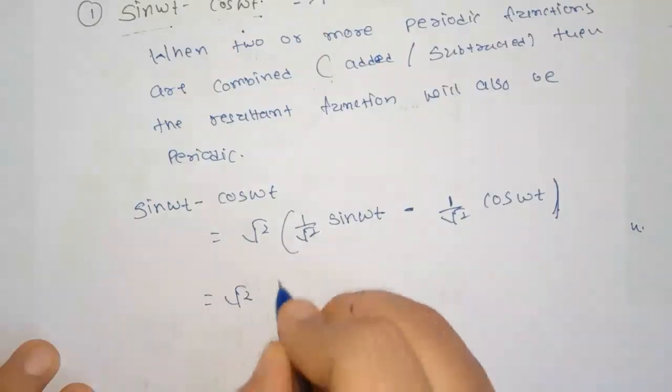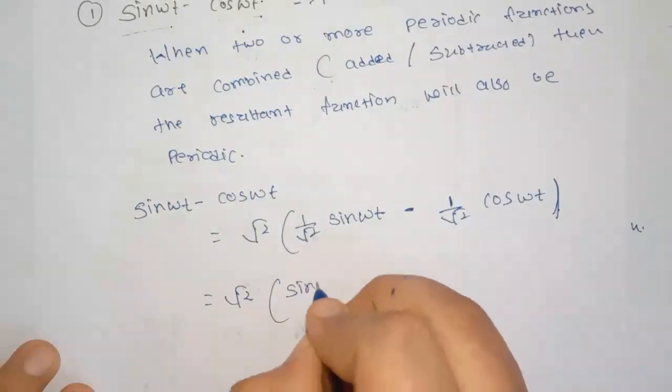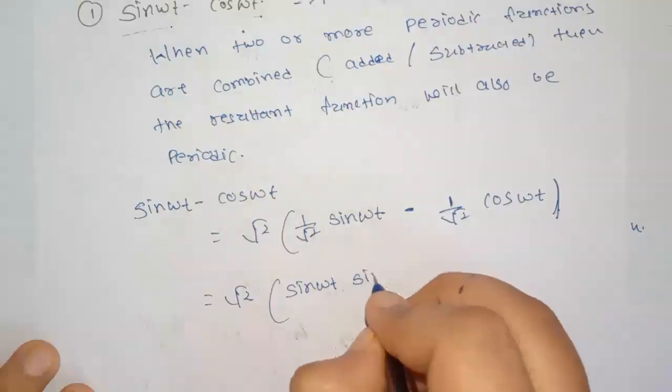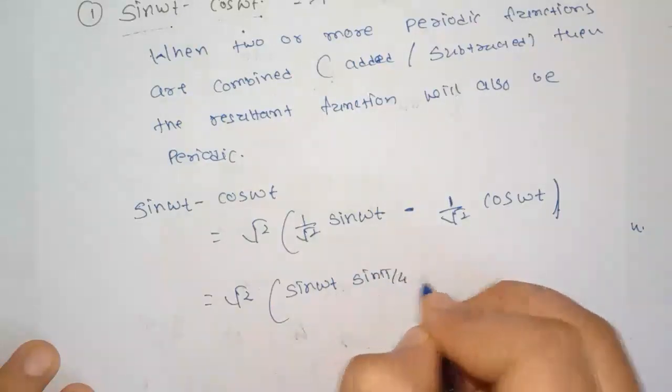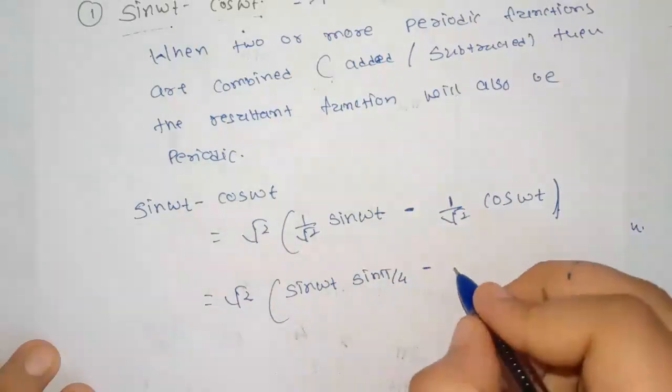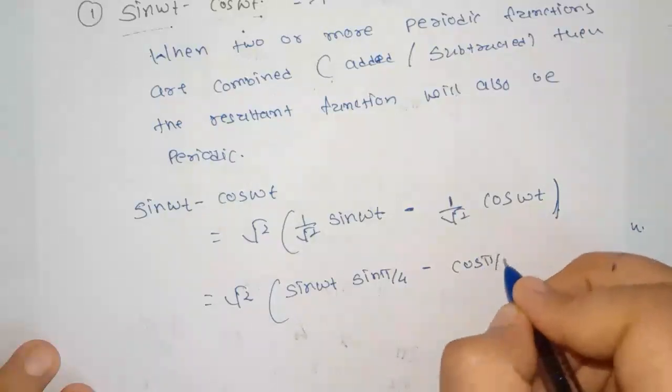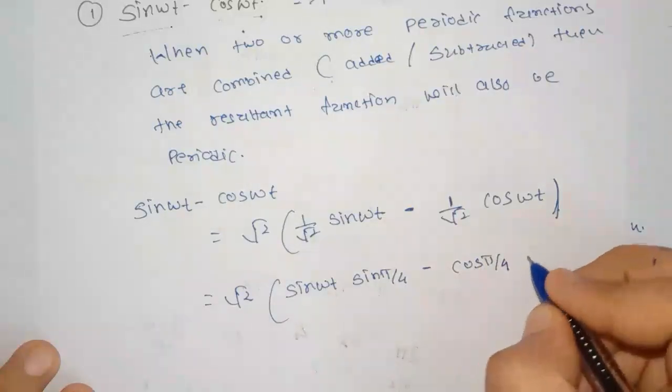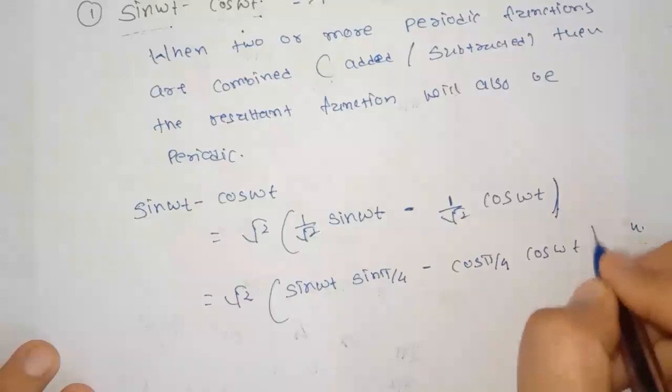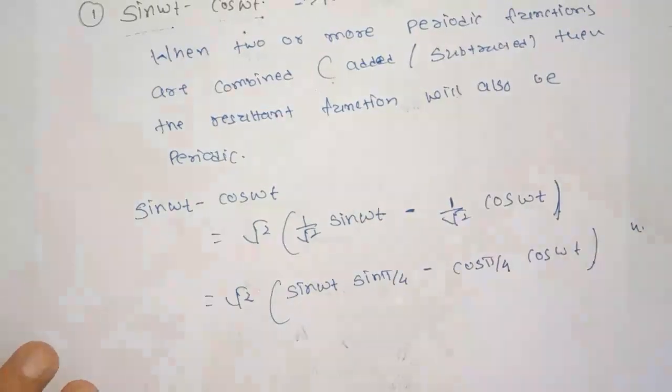So 1 by root 2 can be written as sin pi by 4 and cos pi by 4, so we get sin omega t sin pi by 4 minus cos pi by 4 cos omega t.